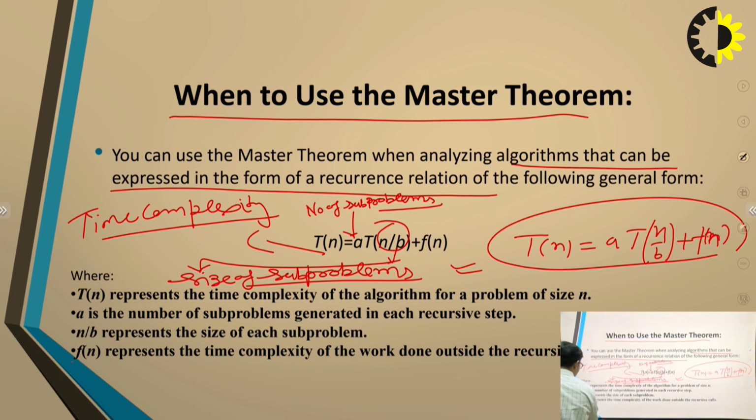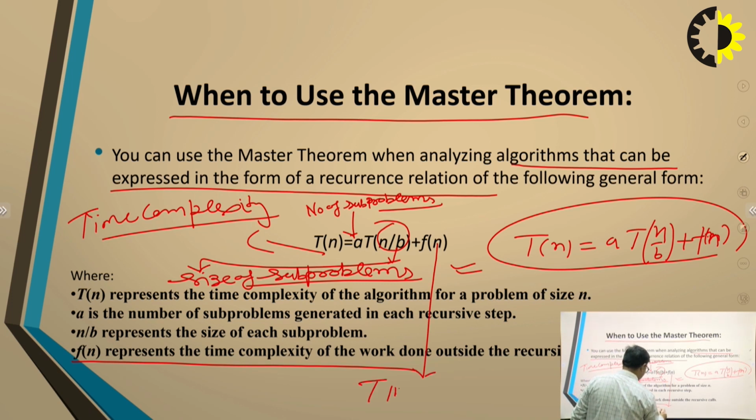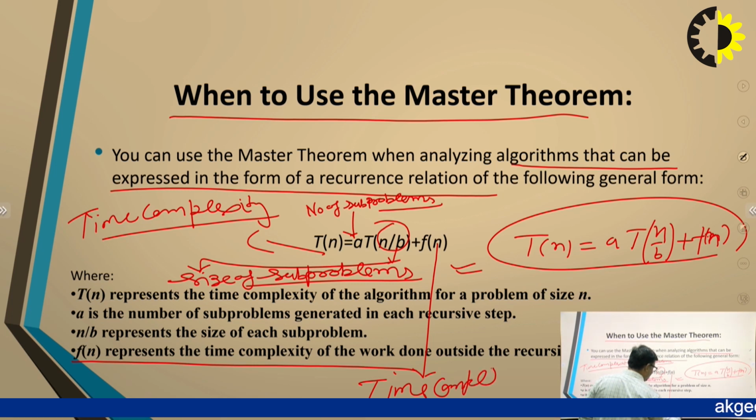And f(n) represents the time complexity of the function, the work done.